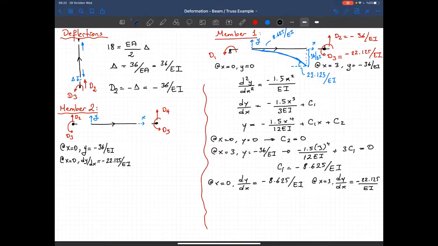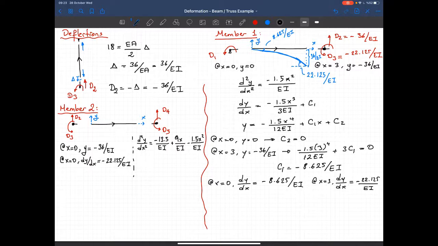Now let's write the differential equation. d squared y over dx squared is equal to minus 13.5 divided by EI. I'm writing the moment equation now. Plus 9x divided by EI minus 1.5 x squared divided by EI. We'll repeat the same procedure.